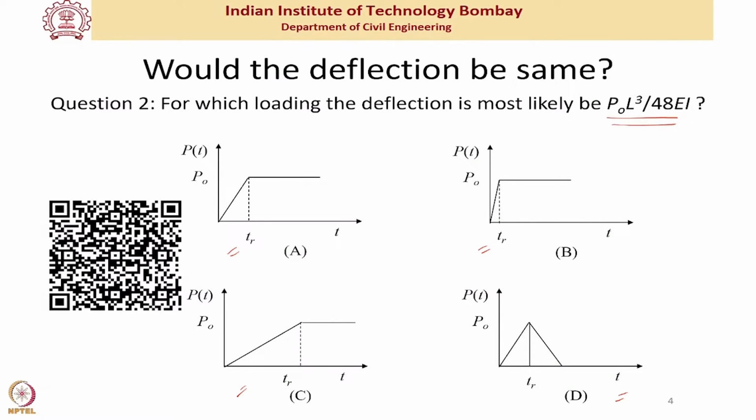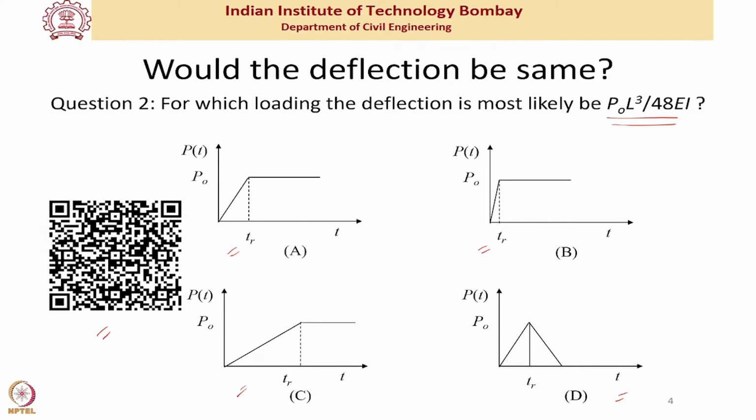So you have to select one of these options depending upon the plot of P versus T that is shown here. That would give you a value that is closest to P naught L cube by 48 EI. Now again, you can scan this barcode using your phone, either through an app or through your camera. Okay, and then you can submit the answer and see the correct answer right here.